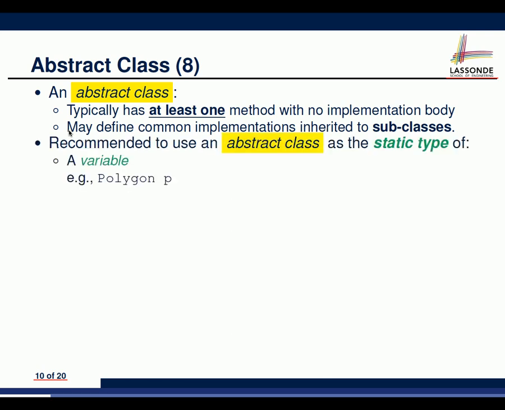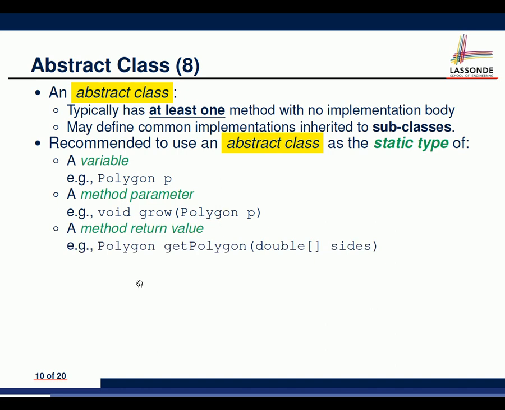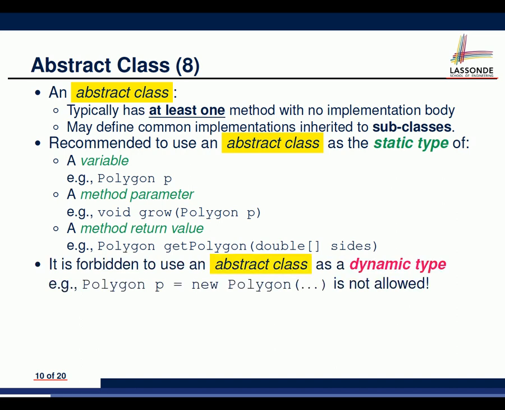You can use the abstract class as a static type, either as a variable, p over here, p of type polygon, or as the parameter type of a method, or as a return type. These are the three use cases. Again, you're not supposed to use the abstract class as a dynamic type, as we said.